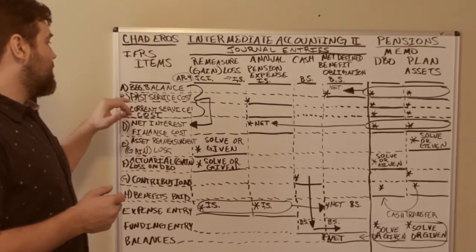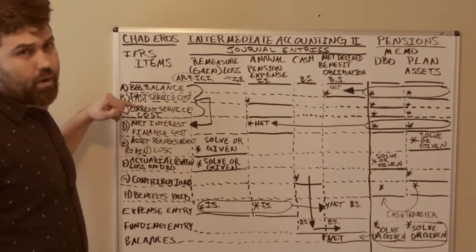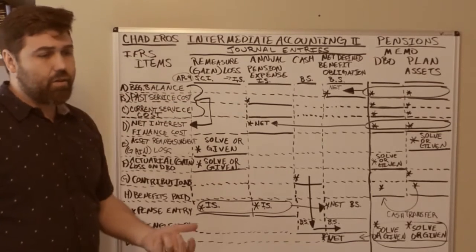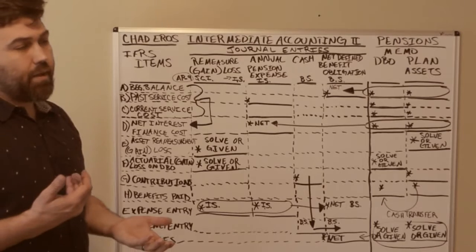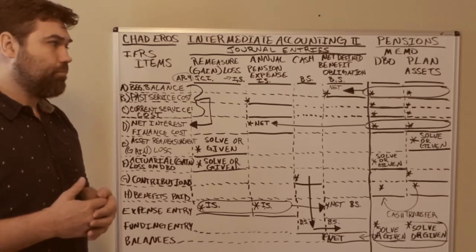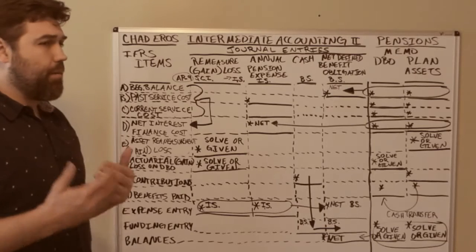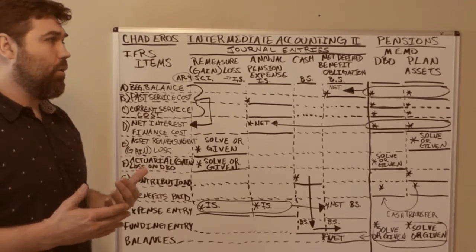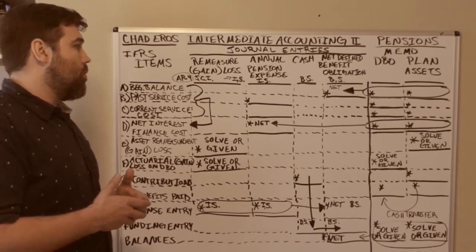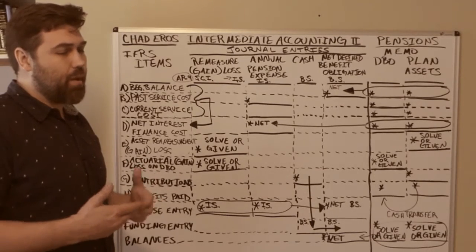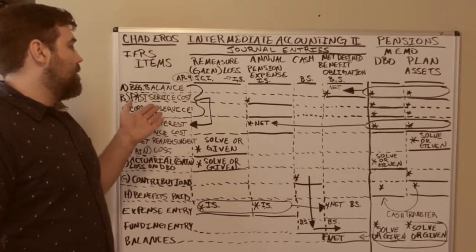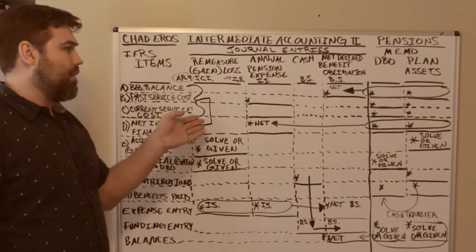Okay, and then the next item that I put here, and it's not in every question that you do, is past service cost. The past service cost is when there's been a decision made as to what we're going to pay our employees for when they retire. So whenever we make a change to the commitment that we're making, or the promise, then that would change what we're paying them.